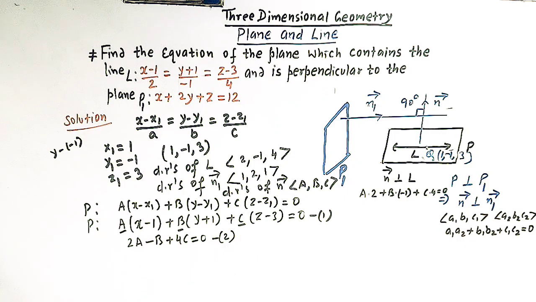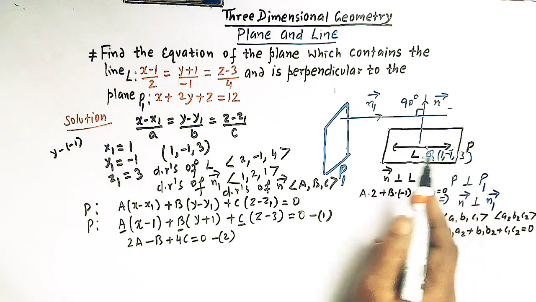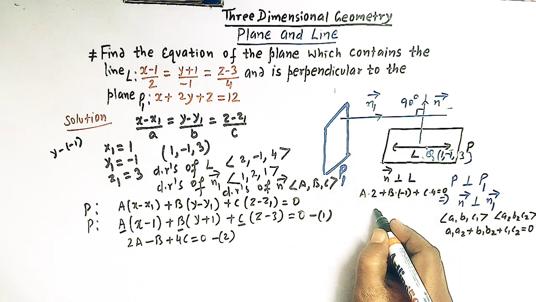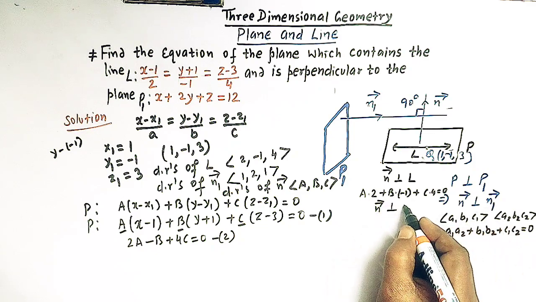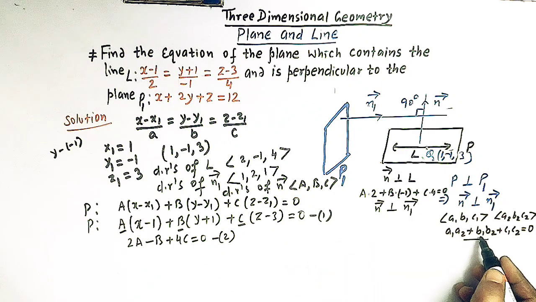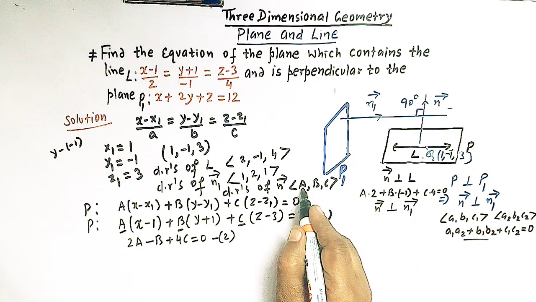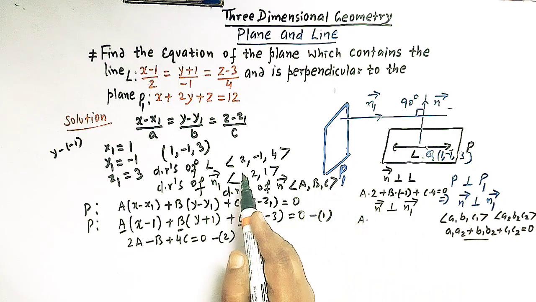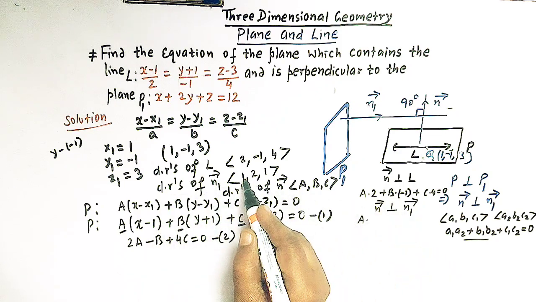So from here we have one equation in three variables, that is 2A minus B plus 4C is equal to 0. And the second condition is that this plane P is perpendicular to the plane P1, so our normal vector N is also perpendicular to the normal vector N1. Again applying this condition, the direction ratios of N are A, B, C, and the direction ratios of the normal vector N1 are 1, 2, 1.